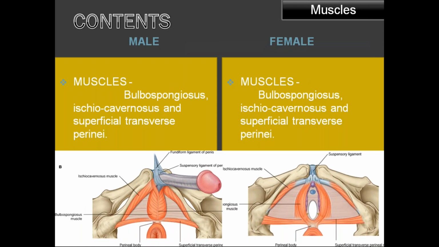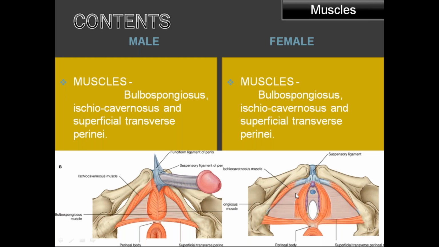So what are the muscles situated in the superficial perineal pouch of male and female? So muscles are bulbospongiosus, ischiocavernosus, superficial transverse perineae. Here you can see three muscles. So this is the ischiocavernosus. Ischiocavernosus covering the corpora cavernosa.